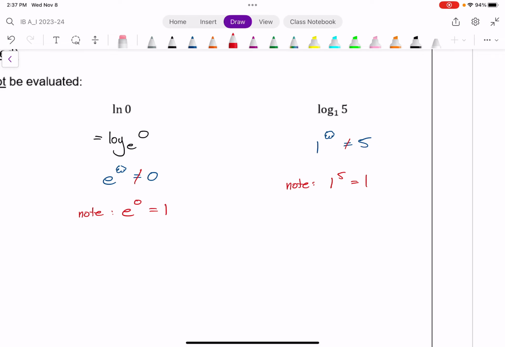And so in general, we don't use logarithms of base 1 for that very reason that anything to the power of 1 equals 1. So you'll probably never see a logarithm of base 1 again.